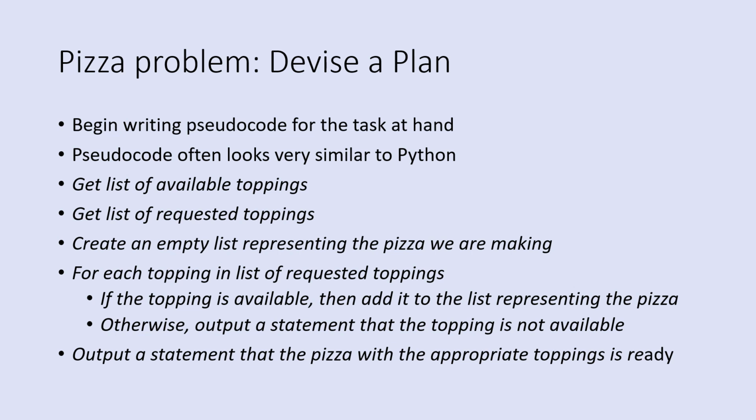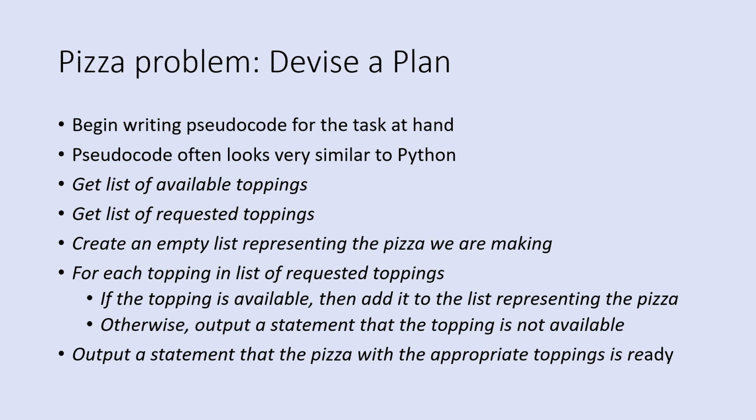After we have completely assembled our pizza, we're going to output a statement that the pizza with those appropriate toppings is ready. It turns out that the last statement is the longest. It takes the most work to sort out the appropriate way to output that statement.